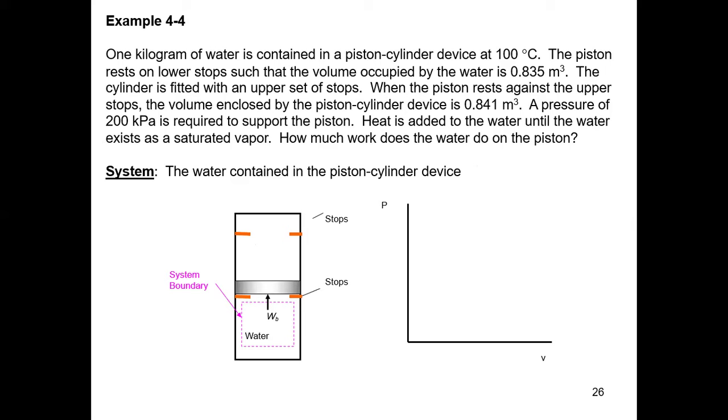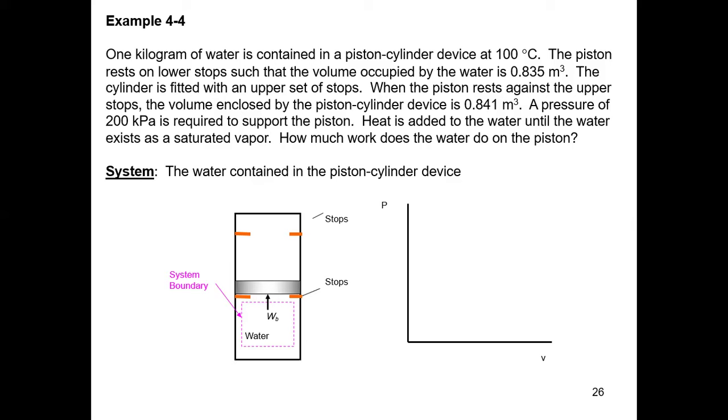Same, a similar problem: 1 kilogram of water is contained in a piston cylinder device at 100 degrees Celsius. The piston rests on lower stops such that the volume occupied by water is 0.835 meter cubed. The cylinder is fitted with an upper set of stops. When the piston rests against the upper stops, the volume enclosed by the piston cylinder device is 0.841 meter cubed.